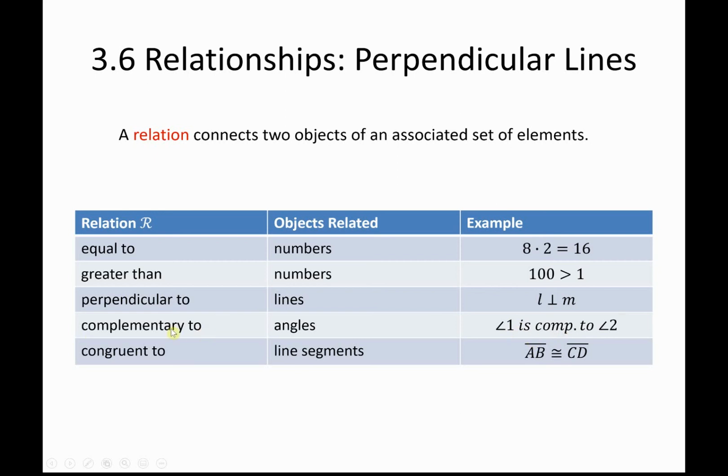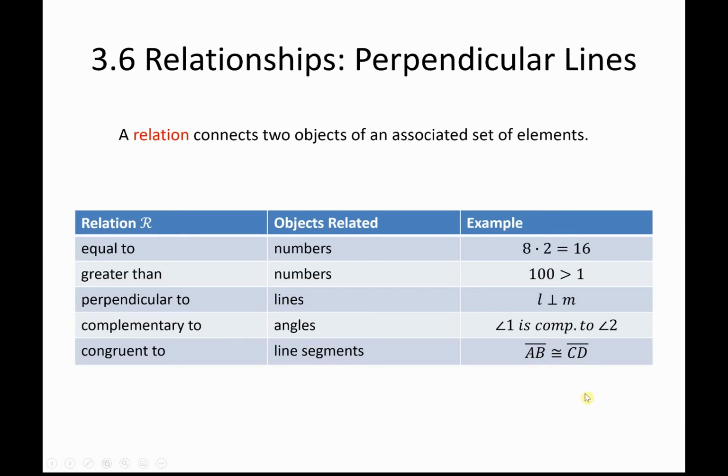Similarly, the relation supplementary to could have a giant fancy S in between the two angles named, indicating that they're supplementary to each other. We can talk more about notation in class if you like. And here's a statement of congruency between line segments, which is a relatively new notation for us.